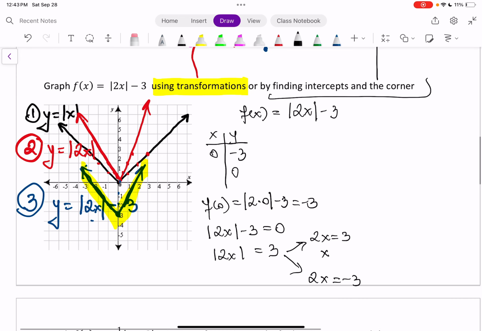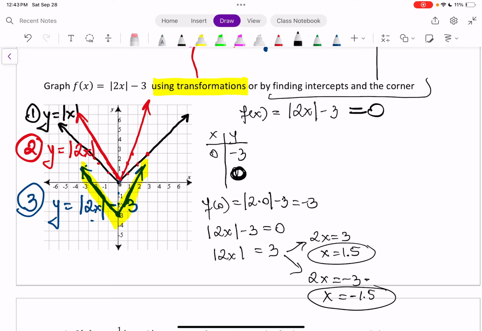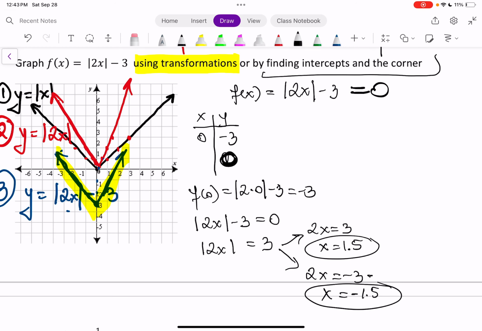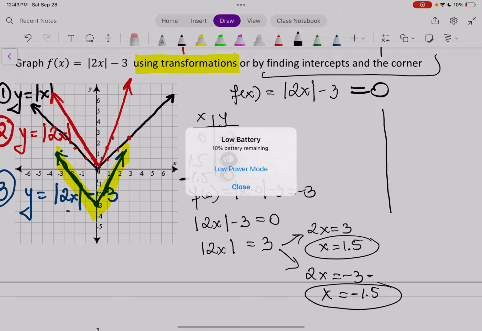Each of these would get me one answer. So setting y equal to 0, so setting this function equal to 0, gave us two answers, 1.5 and negative 1.5. So we have 2 points.